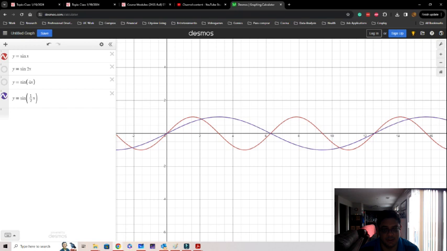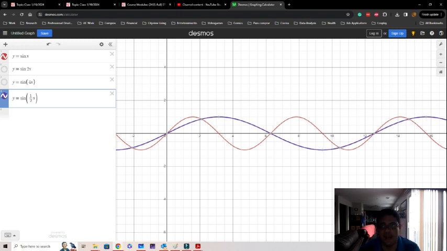The original red function completes in 2 pi, but my purple function takes 4 pi to complete its period. So of course the speed is related to the period, something we already discussed. The speed of the wave is related to how long it takes the sinusoidal function to cover a single period.